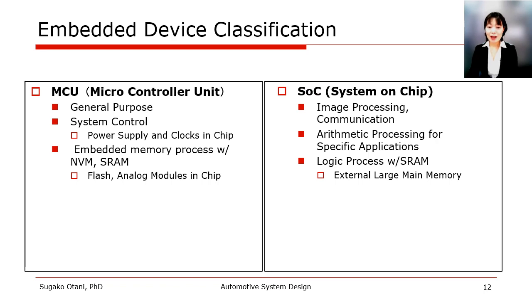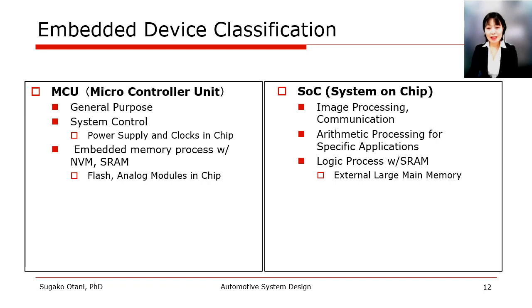SoCs are for image processing and communication. They provide performance for arithmetic operations in specific applications. SoCs use a logic process with SRAM and have a large external main memory. The process is selected based on the balance between cost, quality, and the performance of consumer products, which is of course not a leading-edge process.